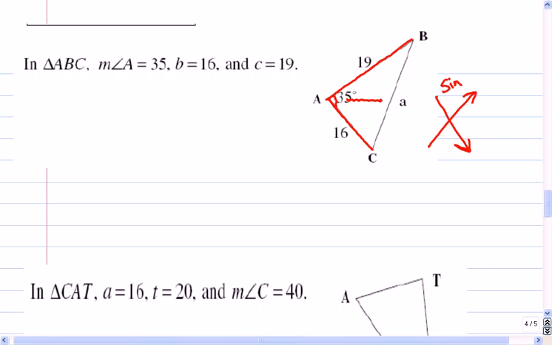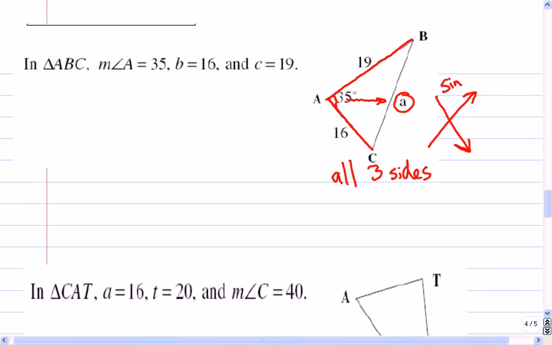So this is the side that I'd be looking for. These are the pieces in a cosine law question. It is also possible when you have all three sides that we'd be using cosine law instead of sine law. So you have to make your decision, is this cosine law or sine law, when we get through these first couple examples.